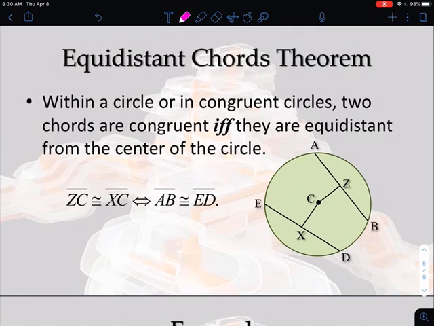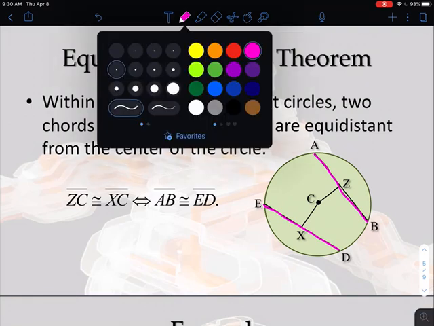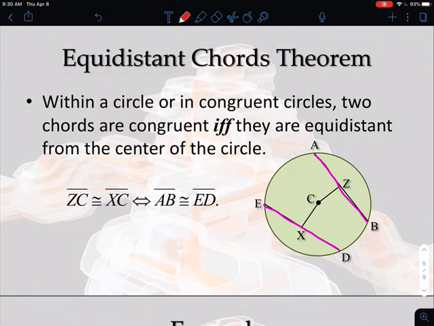A theorem that we're going to utilize here talks about the fact that if chords are the same distance from the center, so if I have two chords, in this case chord AB and chord ED, and we're looking at the distance from the center, so ZC and XC.